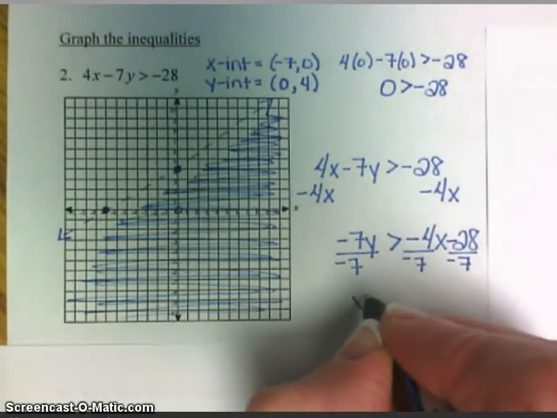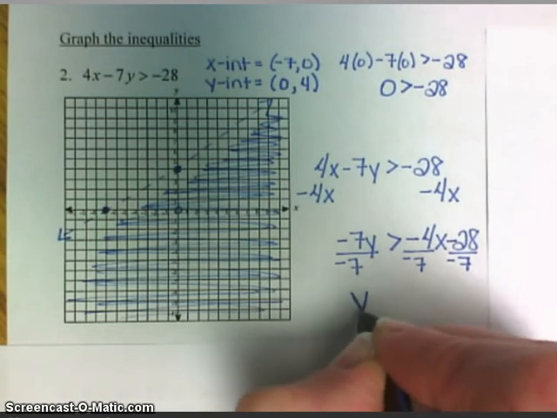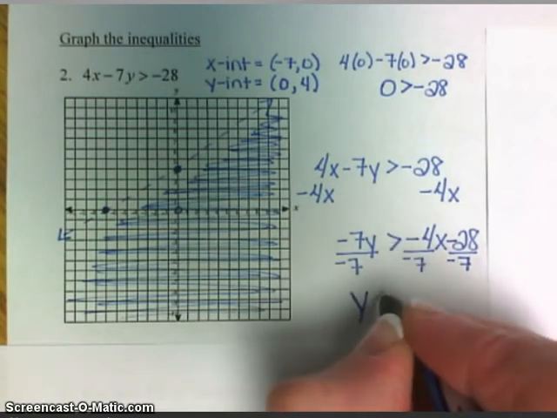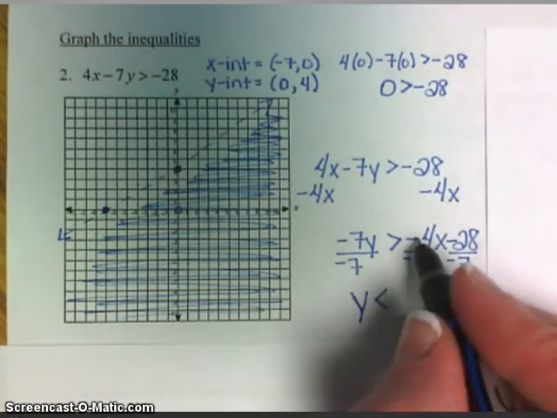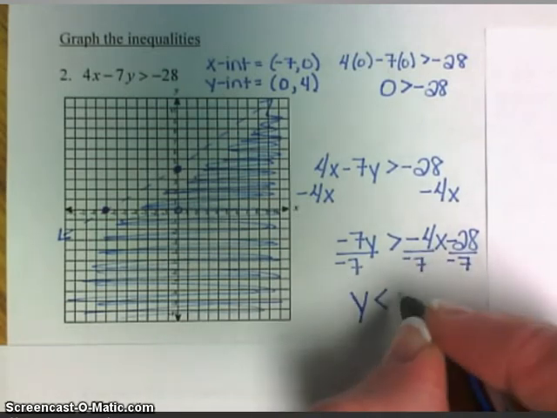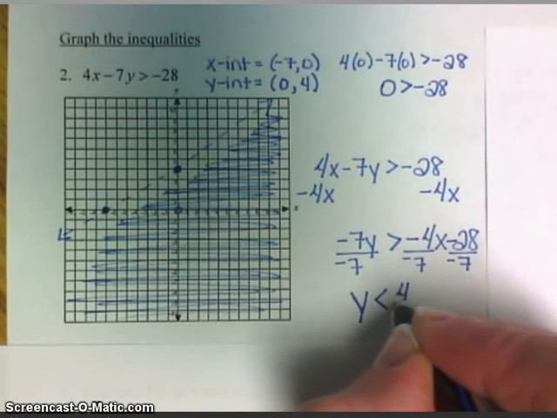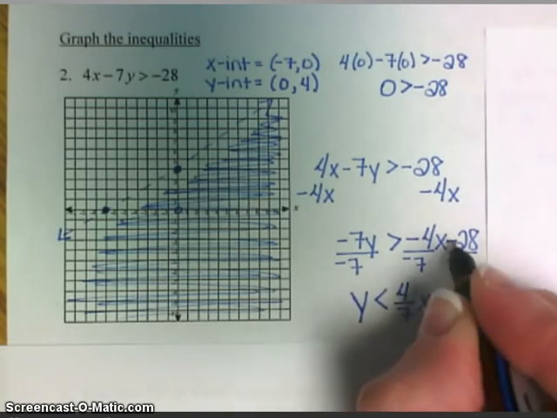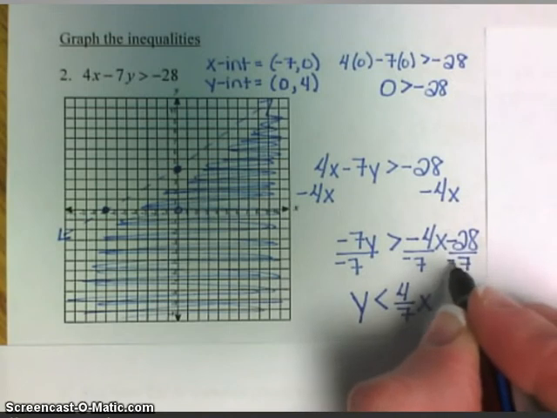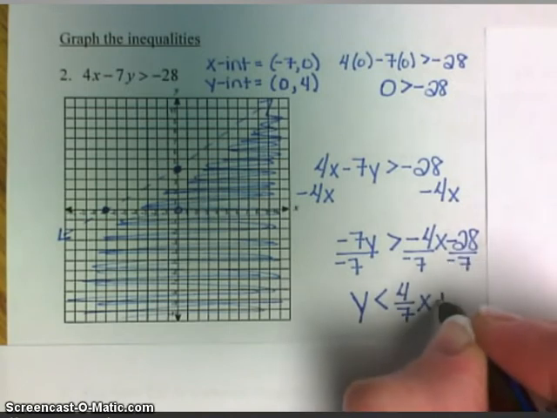So negative 7 divided by negative 7 gives me the positive 1y that I need. Then I have to flip that symbol because I divided both sides by a negative number, and then just simplify from there. Negative divided by a negative is a positive. So that leaves me 4 over 7. That's my slope, x. And then negative 28 divided by negative 7, that gives me a positive 4.